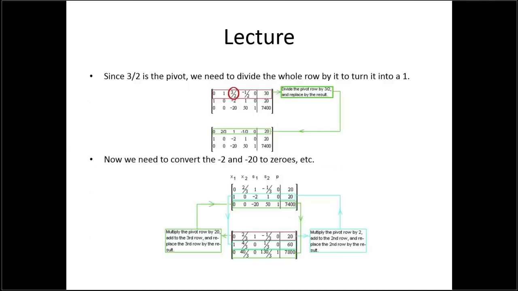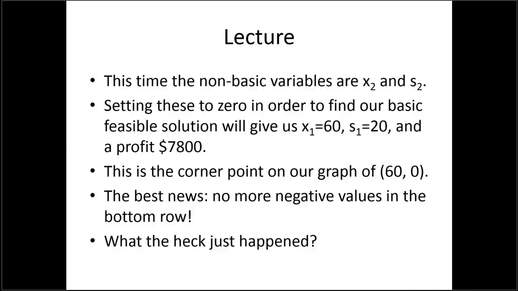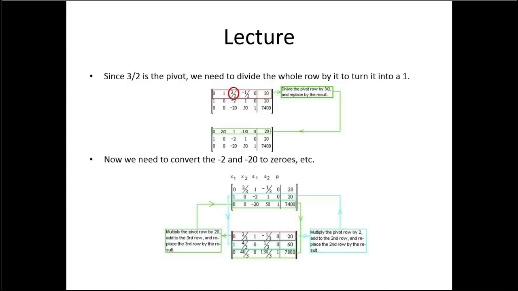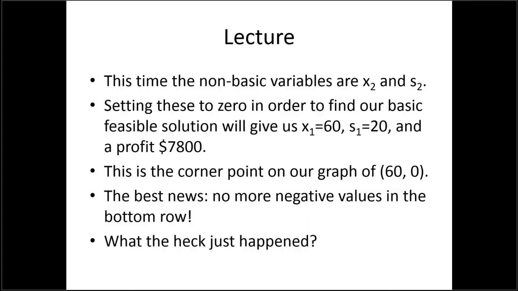This time, as you can see, x2 and s2 are the non-basic variables. So setting these equal to 0, we find our basic feasible solution: x1 equals 60, s1 equals 20, and the profit is $7,800.